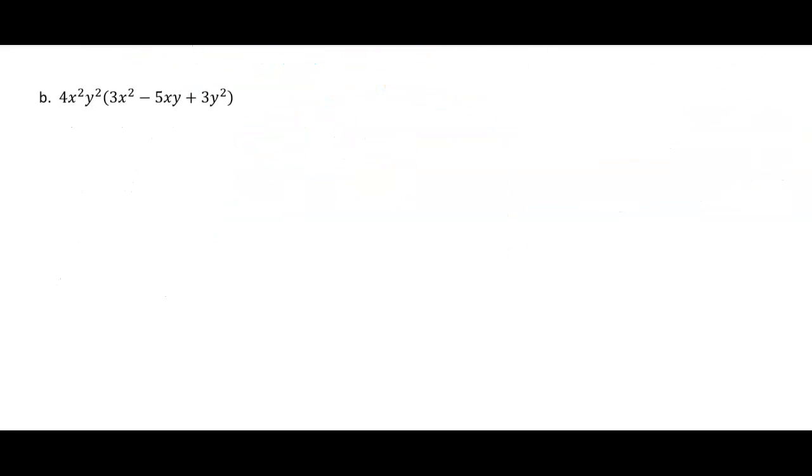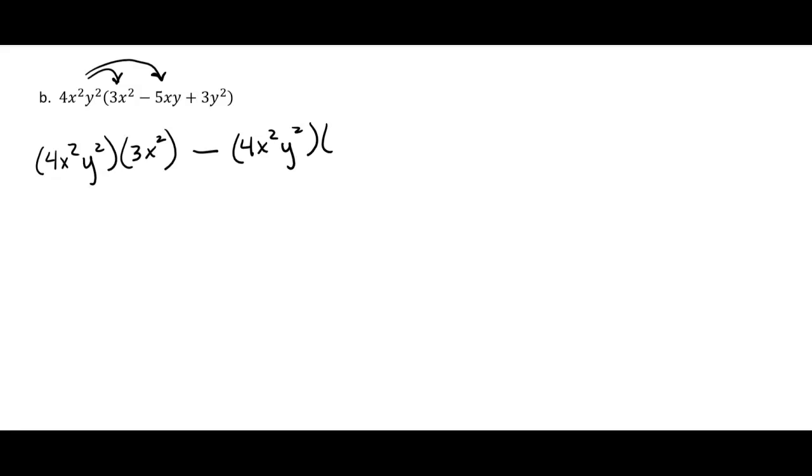Okay, so this one's a little bit bigger because it's got x and y in it. But we're going to have the 4x squared y squared times that first term, which is 3x squared. Then it's going to be minus, because it'll be positive times a negative there, so it's going to be minus 4x squared y squared times 5xy.